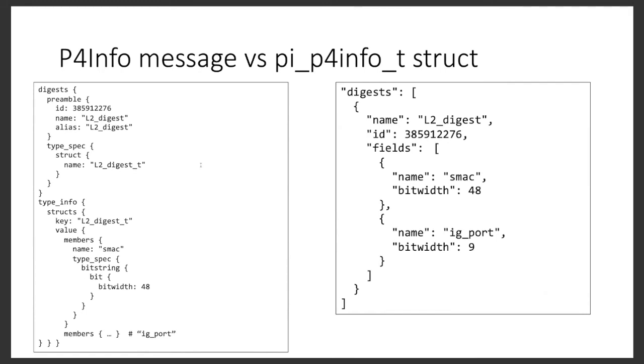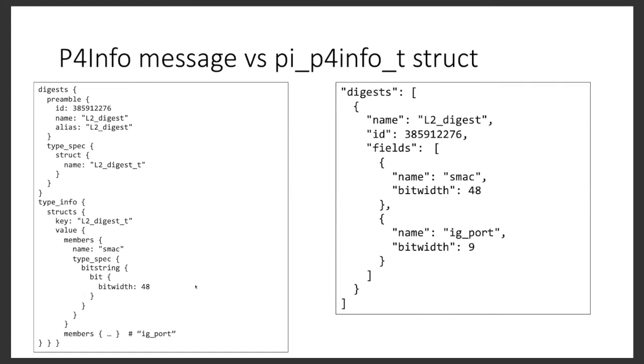I guess not very relevant once again, but it is important if you need to add functionality to the BMV2 PI drivers, because this is the information that will be available to the backend, to the PI drivers for BMV2, not the P4Info message directly, but the pi_p4info struct. So you can see what it looks like in the case of a digest message between P4Info and pi_p4info.